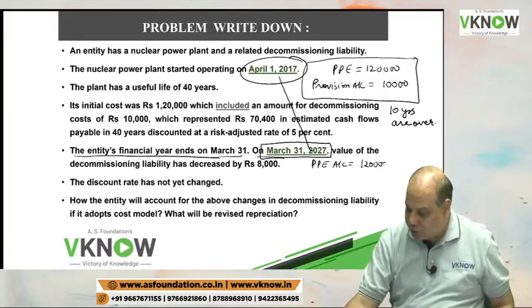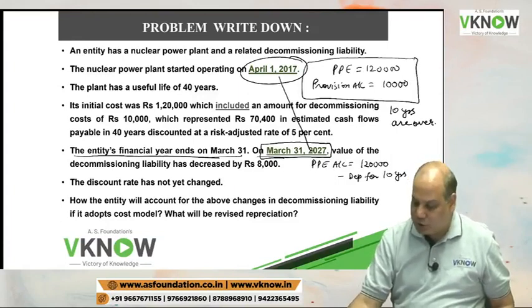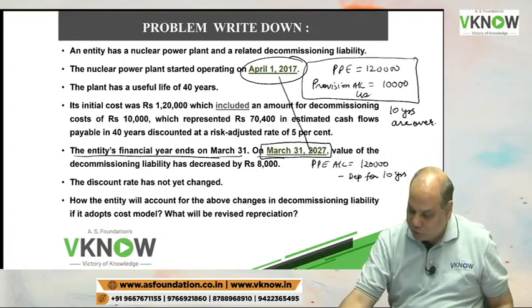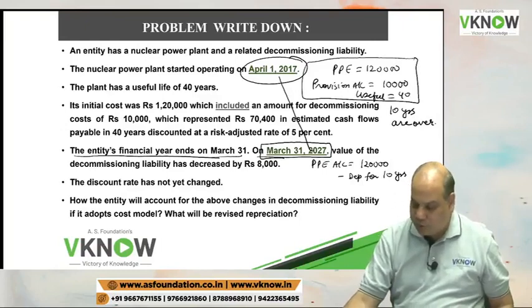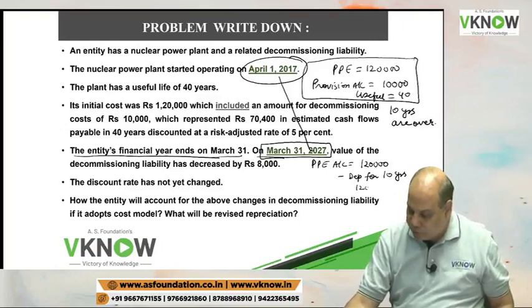So 1,20,000 minus depreciation for 10 years, and the useful life is 40 years. So depreciation for 10 years will be 1,20,000 divided by 40 into 10.